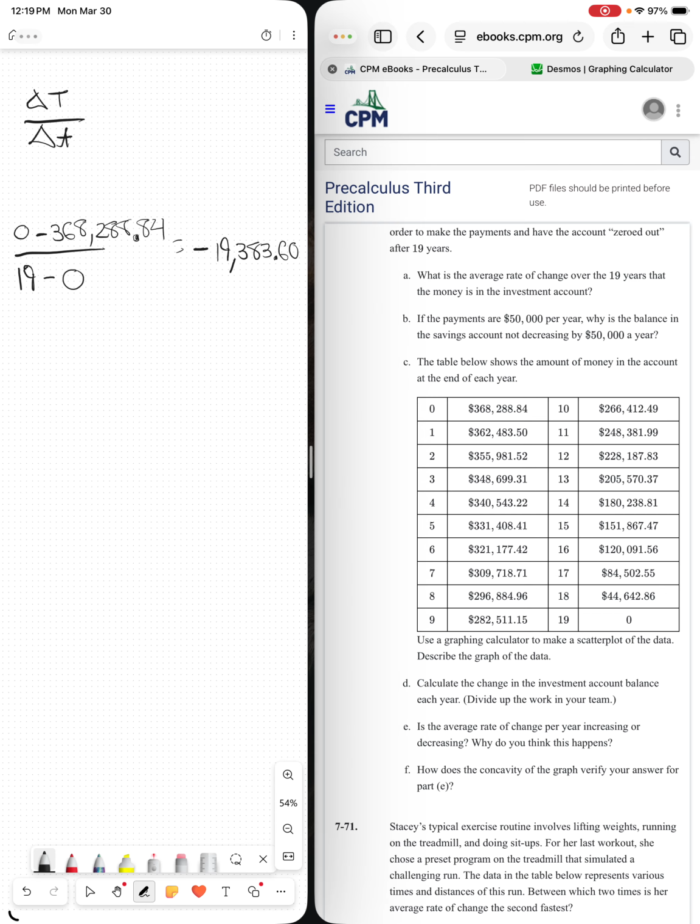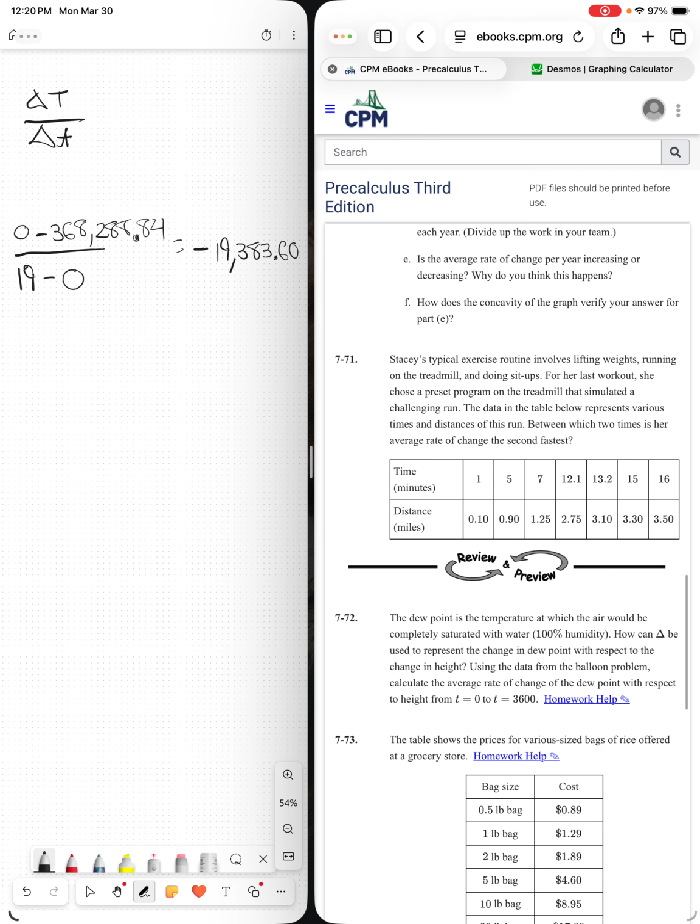So you could do this for each. So you're just doing slope for each one, right? Is the average rate of change per year increasing or decreasing, right? So the first one, it should be decreasing, right? So you can see the first year it only loses like $6,000, but at the end it loses $40,000 or $44,000. So the less money in the account, the less interest being gained, so the more it's actually losing to pay that person. Okay.